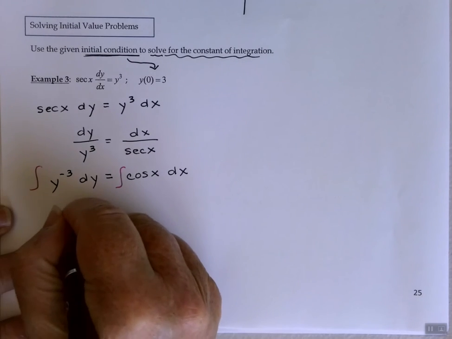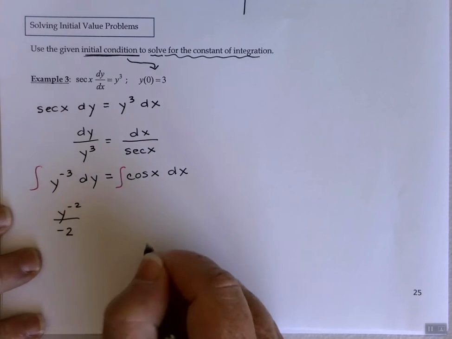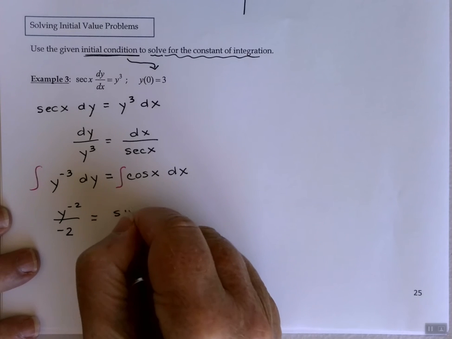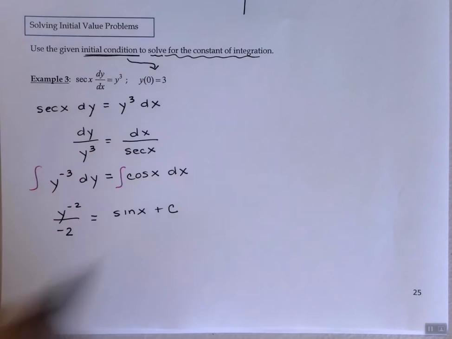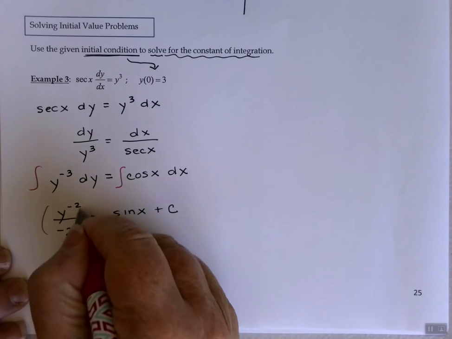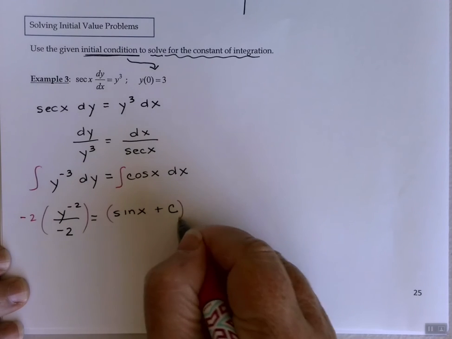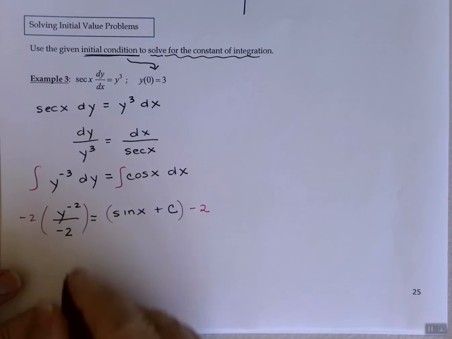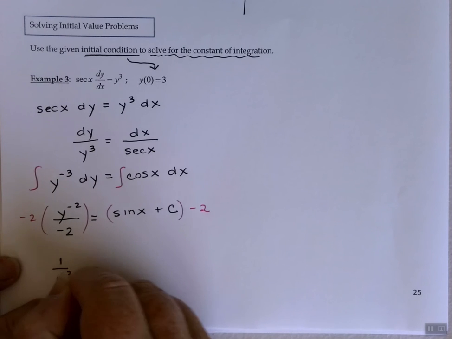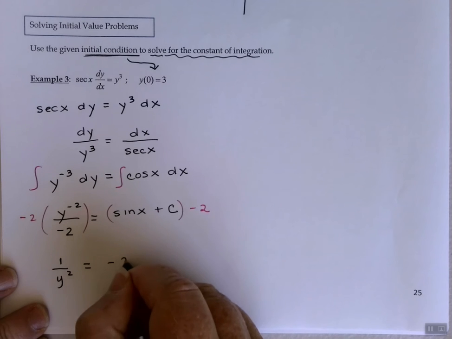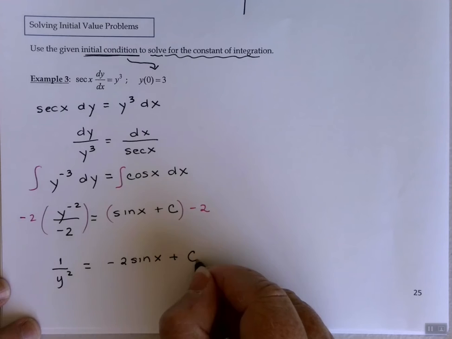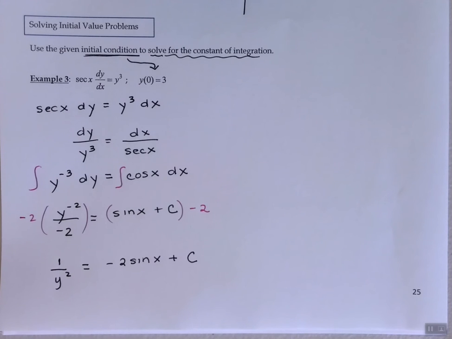Power rule, I have y to the negative 2 divided by negative 2. Going to put the c on the other side, equals sine x plus c. And let's see, I want to clear the fractions, so let's multiply by negative 2. Y to the negative 2, or 1 over y squared, equals negative 2 sine x, plus negative 2 times c is just another constant, so I'll continue to write plus c.